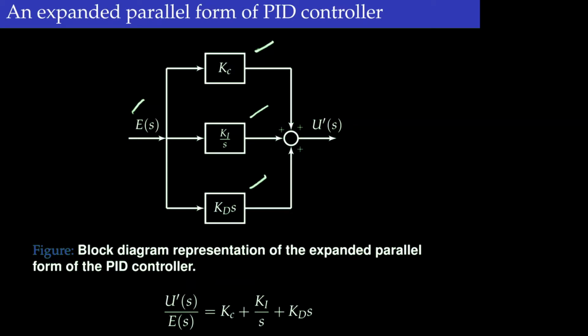Okay. Now we have seen these three forms of the PID controller, which are all represented as parallel elements, meaning the error signal goes through each of the elements and the resulting actions are summed together to give the final control action.